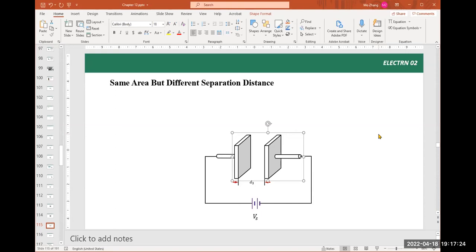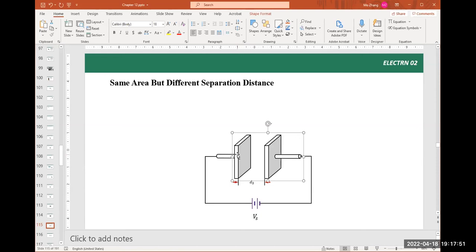So if you look at this, I think we already know which one has bigger capacitance. The third case, the plates are too far. If we put electrons on one plate, because they are too far away, the influence of those electrons and the electrons on the first plate is too weak.